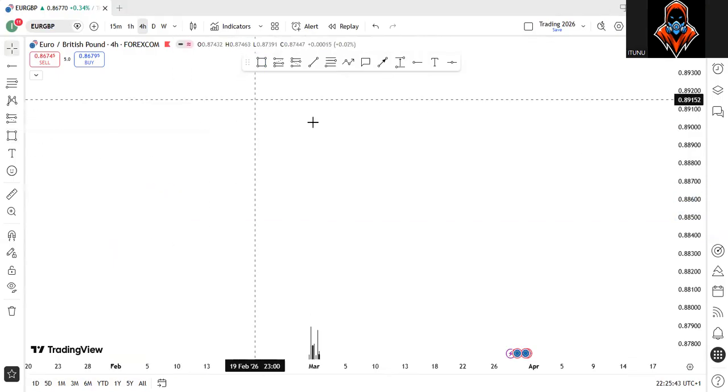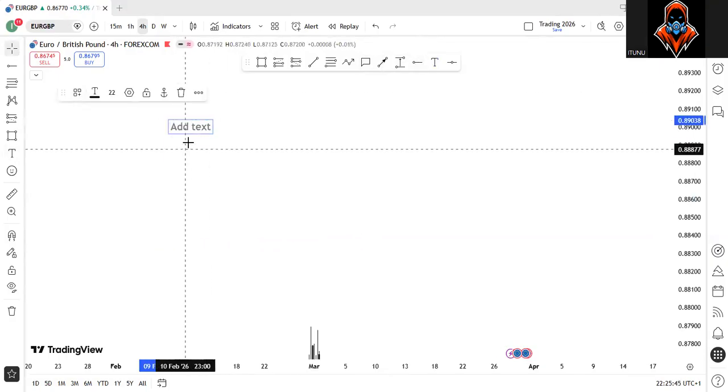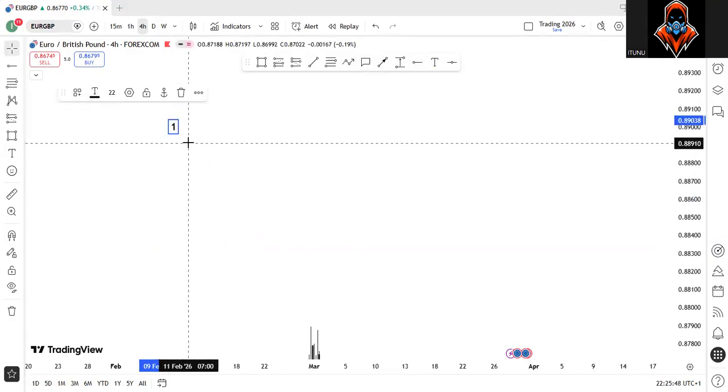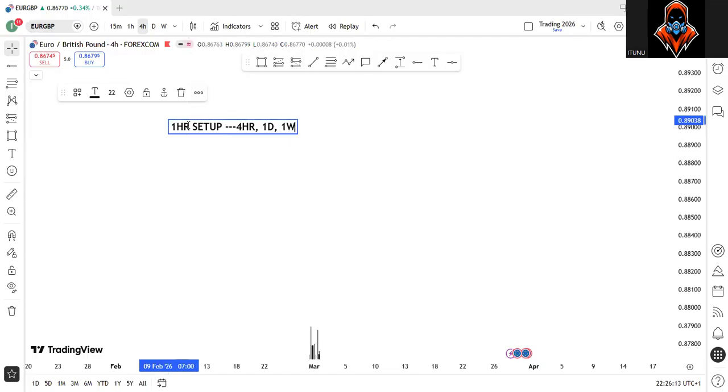So for 1 hour setups, let's say you have your setup on the 1 hour time frame, you really want to be looking for order blocks on the 4 hour time frame, the daily, and the 1 week time frame for 1 hour setups.